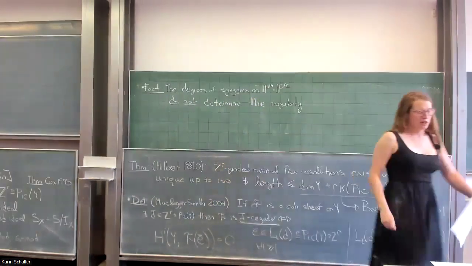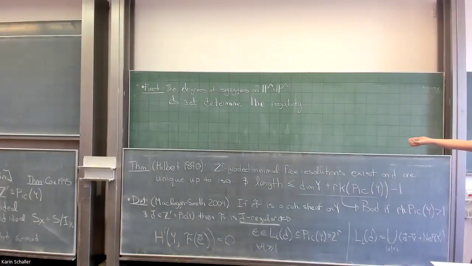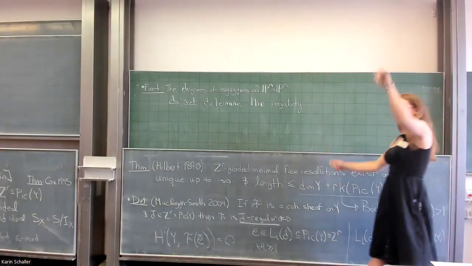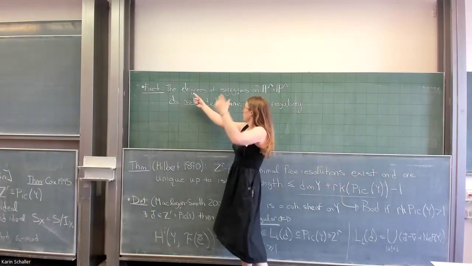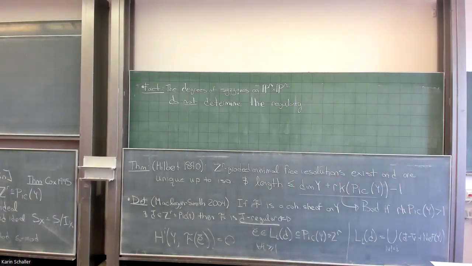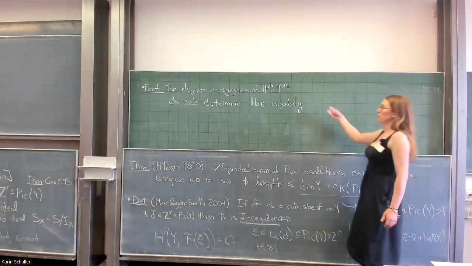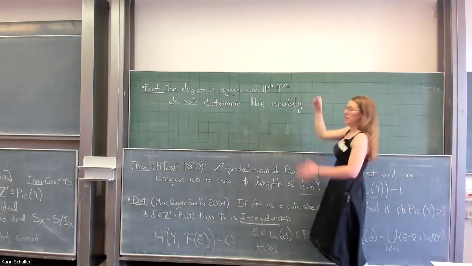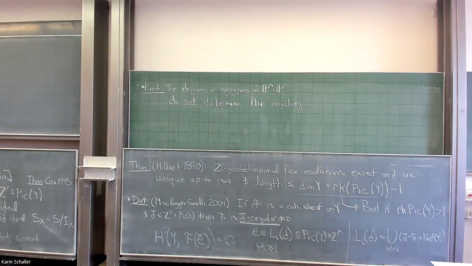So what do I mean? I mean, there are 2 nice modules living over a product of 2 projective spaces, such that their syzygies, their multigraded Betti numbers, are different, but their regularity is the same. But somehow this relationship where syzygies and regularity are exactly related breaks down.